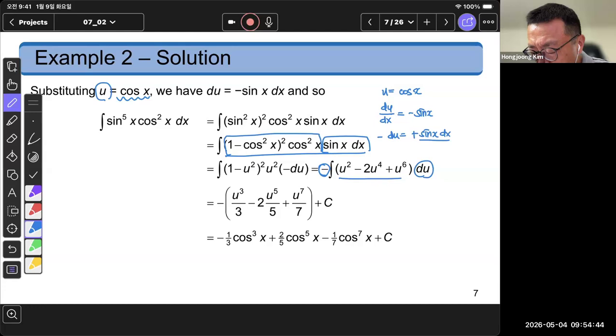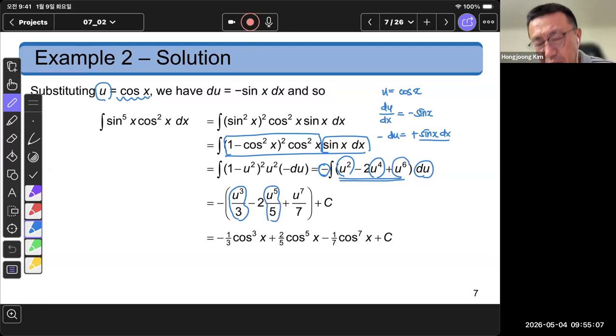Now the integrand is a polynomial in the u variable, so the integration is simple. u squared becomes 1/3 of u to the third, and u to the fourth will be integrated to 1/5 times u to the fifth.